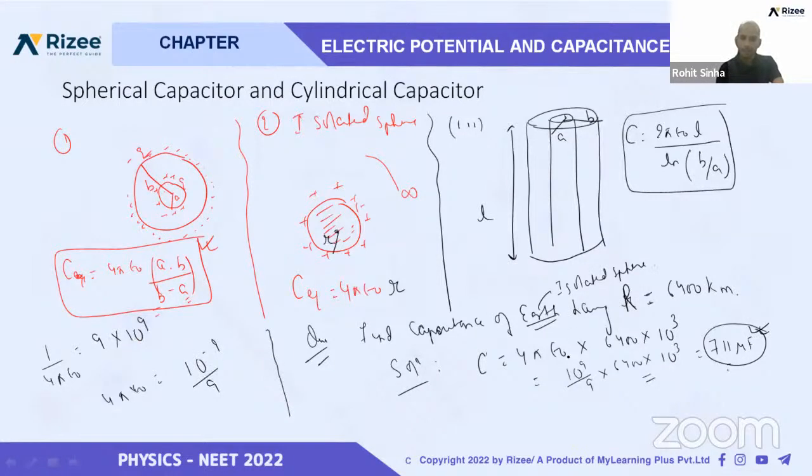Here it will be minus 9, I think then. It will be minus 9. Okay, got it. Yes, sir, I got it. Calculation mistake. Okay. Now, let us move further.